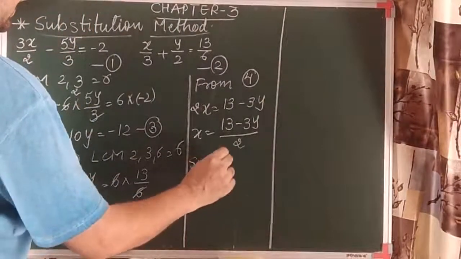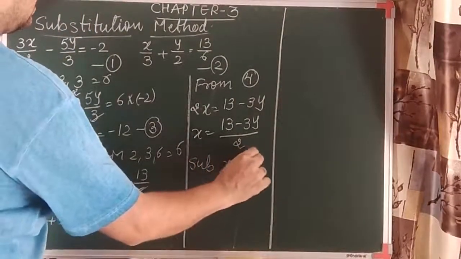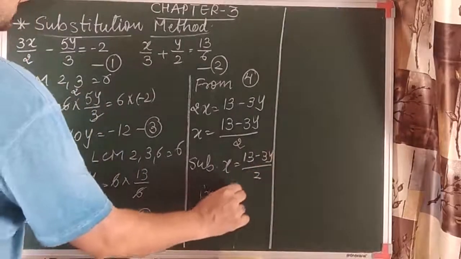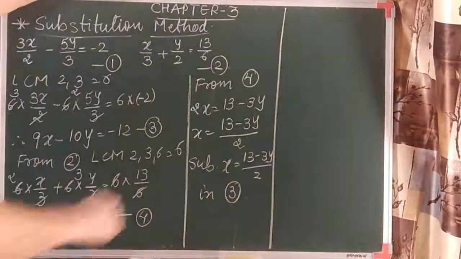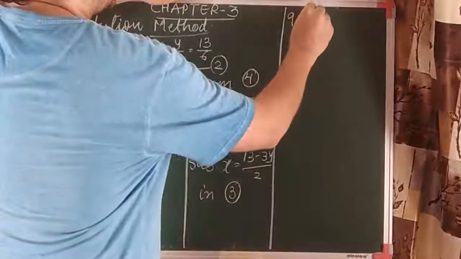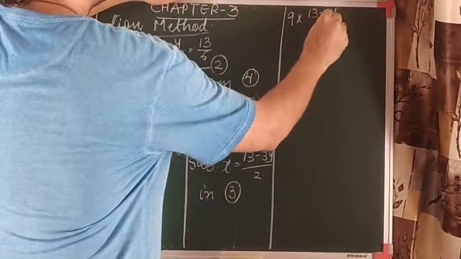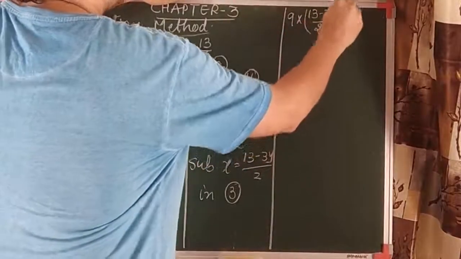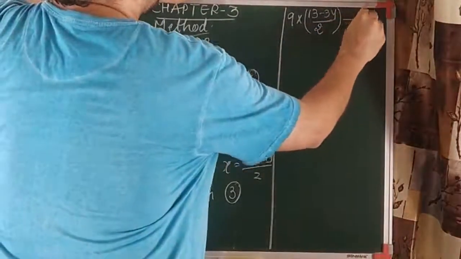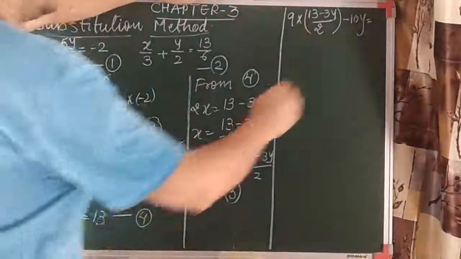Substitute the value of x in equation number 3. So it is 9 into the value of x, which is 13 minus 3y upon 2, minus 10y is equal to minus 12.